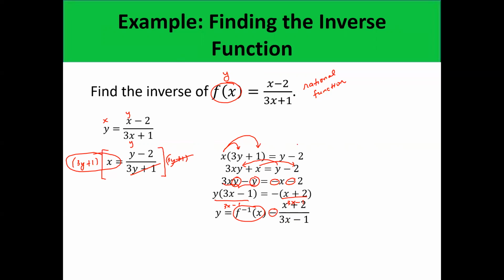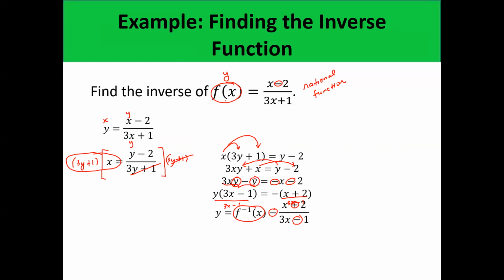So this is the inverse of (x - 2)/(3x + 1). We note that it just so happened that we just changed the signs, but it doesn't always happen. Now, let's check the domain.